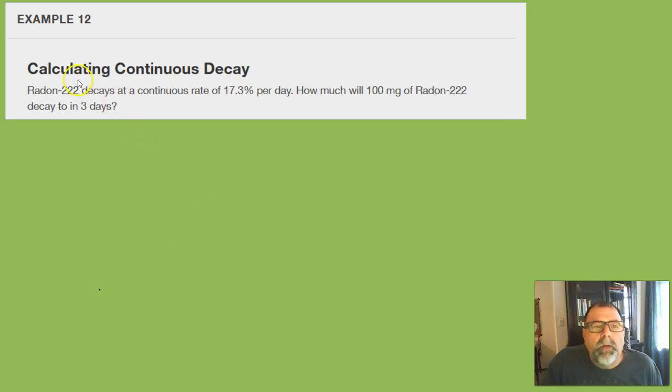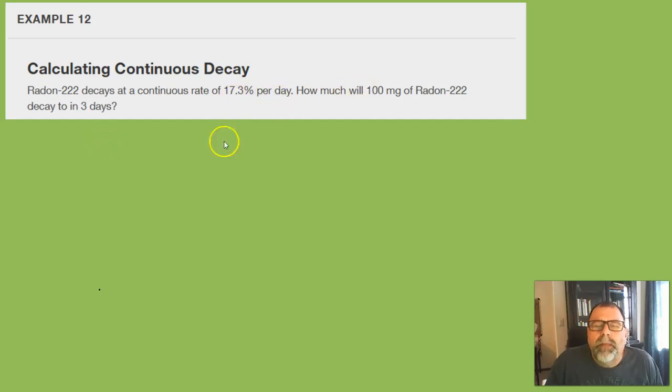Okay, so example 12, calculating continuous decay. So decay, remember the rate's going to be a negative number, so you have to take the 17.3 and make it negative. How much will 100 milligrams of radon 222 decay in 3 days?